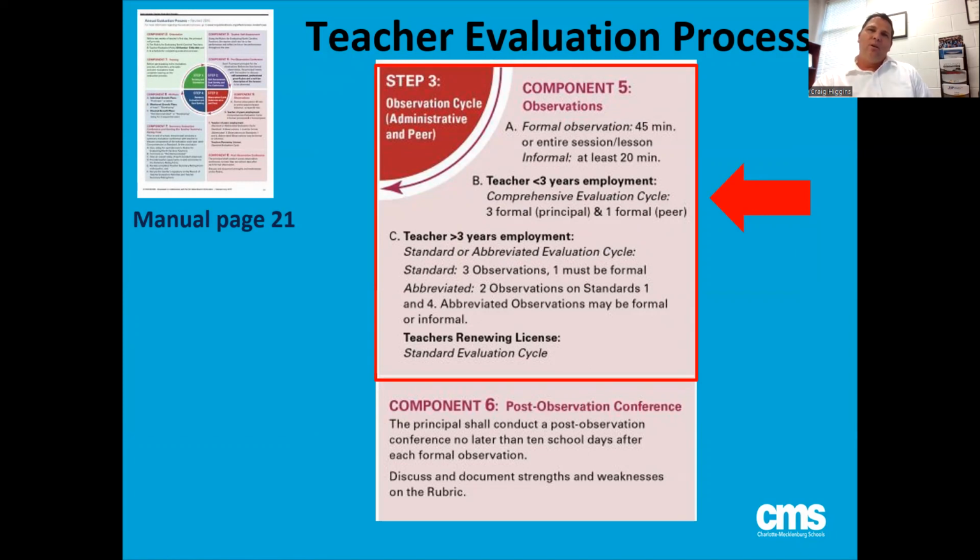You can see up here that for comprehensive and standard, they are 45 minutes long, and for abbreviated, it is about 25 minutes long. That information will be shared with you in the letter that will be in your mailbox that you will sign off once you have completed the orientation training in MyTalent. So again, that's good information to have.